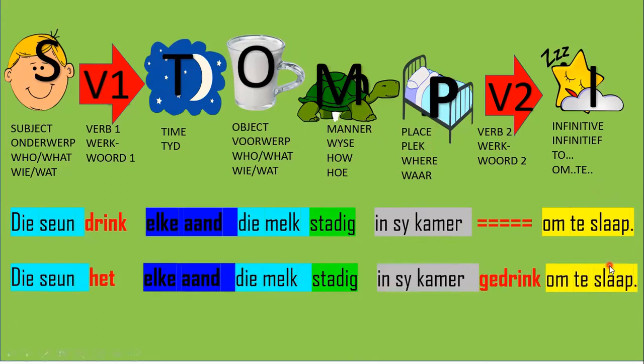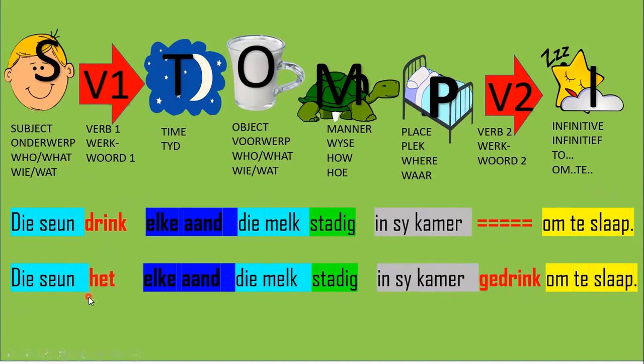Nou kry ons 'n volgende sinnetjie. En hierdie sinnetjie, kyk mooi, het 'n rooi verb 1 en 'n rooi verb 2. Yippie. Now we can see how we use verb 1 and verb 2. Subject, die seun bly dieselfde.